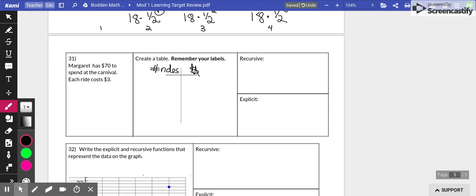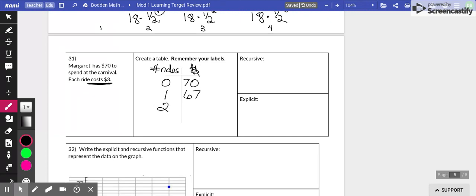So if Margaret goes on 0 rides, she's going to have $70. Every ride she goes on is going to cost her $3. So I know the amount of money she has is going to go down. So if she goes on 1 ride that costs $3, she now only has $67.